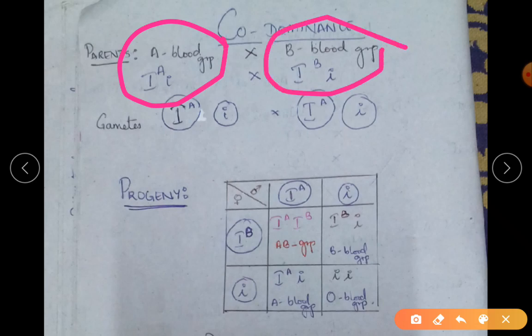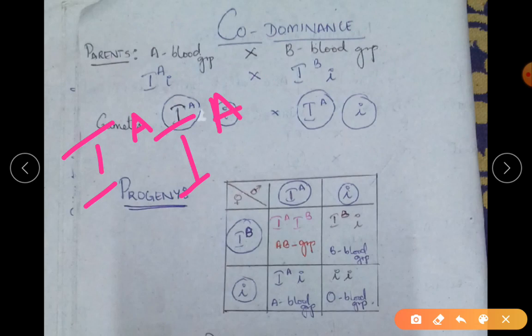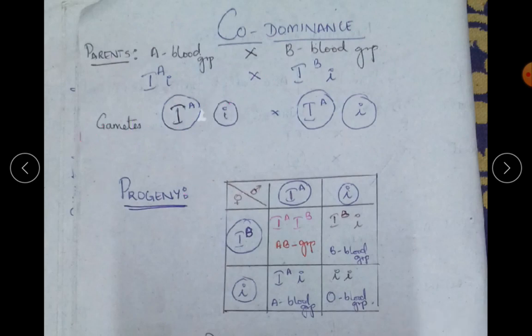In your A blood group, you can choose any homozygous. When I say homozygous, we are saying IA IA. Based on the question you will come to know whether it is homozygous or heterozygous. If they don't mention anything, we have to write the possibility, that is the heterozygous condition.